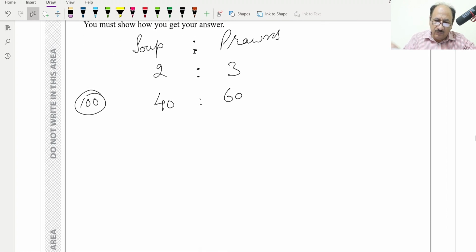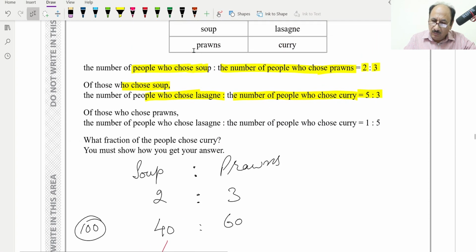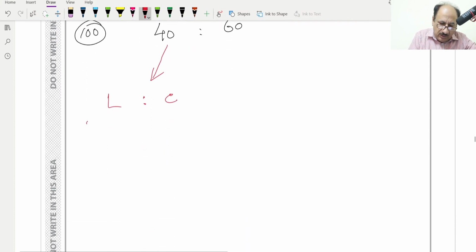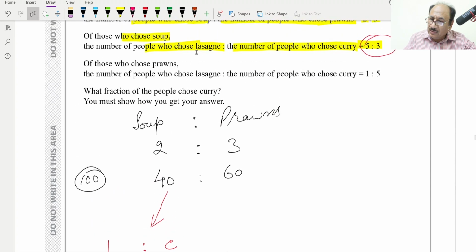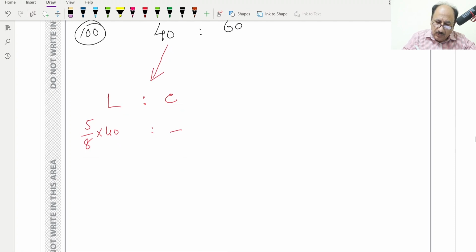Now we can convert this. For this option there are two options, L and C, and for L the ratio is 5 out of the total, which is 8, so we can write 5 out of 8 of 40, and for this one it is 3 out of 8 multiplied by 40, because the total is 40 for this category.